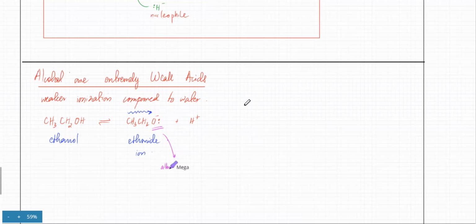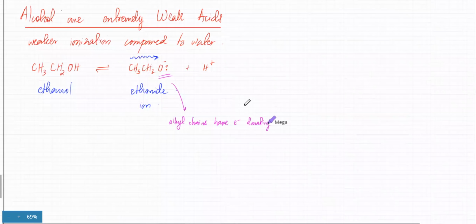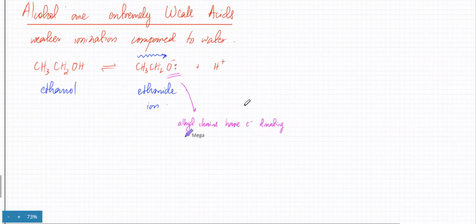So an alkyl chain next to the O, alkyl chains have electron donating effect, which increases negative charge density on the CH3CH2O minus 1 ion.